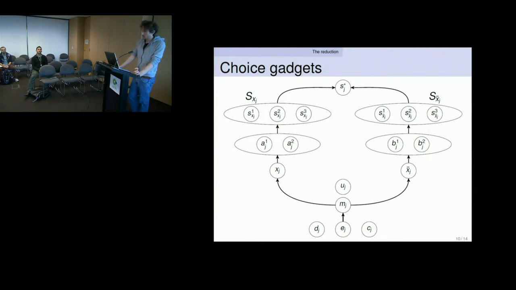This gadget encodes a sub-tournament where you only have 2 possible configurations, and depending on which configuration you choose, you end up with a set of other players which are available to place in other sub-tournaments. This corresponds to a literal in the SAT formula: the choice of a variable, and depending on which sub-tournament we choose, it's an assignment of that variable.